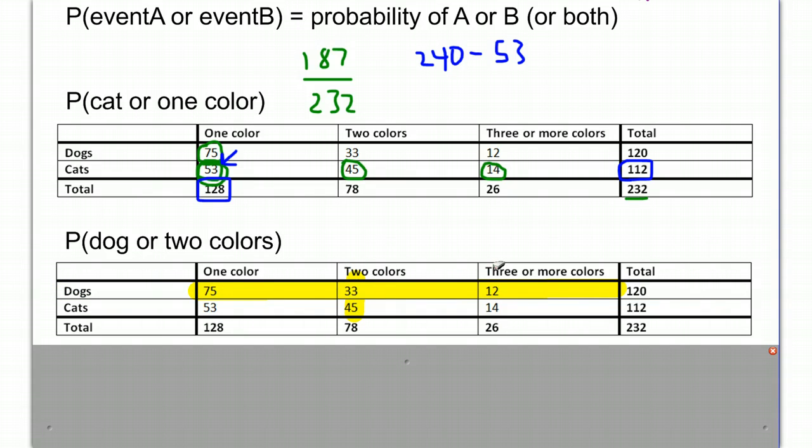So all the numbers I highlighted we need to count. The quickest way to do that is just to add these 4, or in this case we can take a little shortcut. We can add that 120 over here to this extra little 45 hanging off the side to get 165 out of our big total 232.